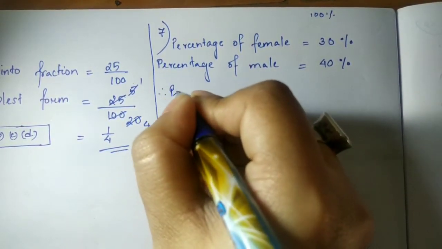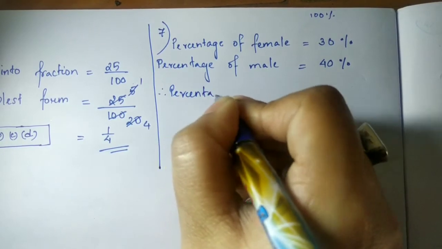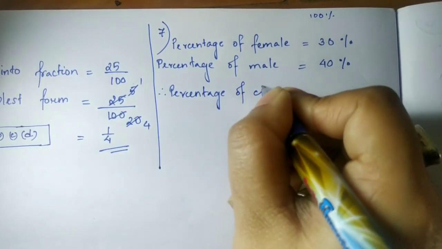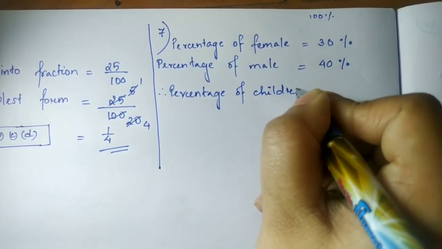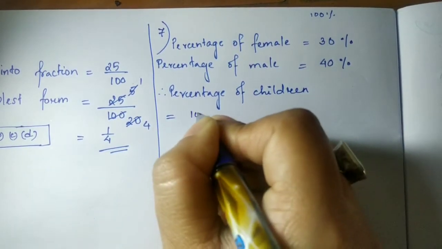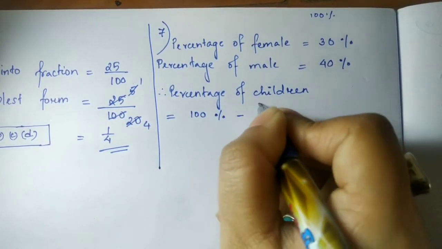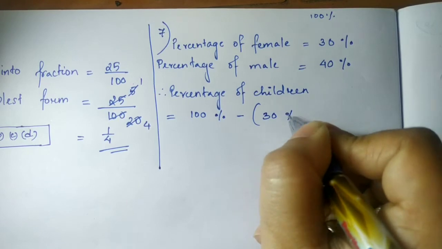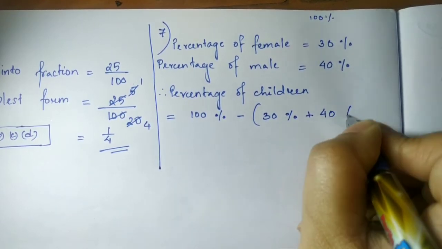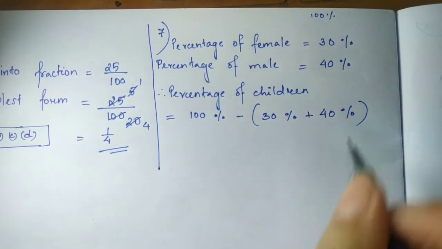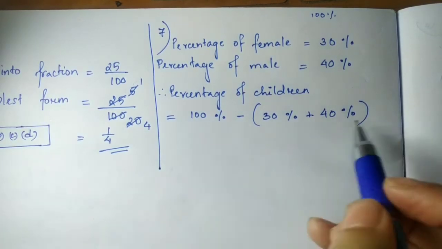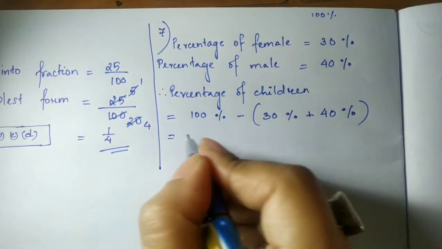Therefore, percentage of children will be equal to 100% minus (30% plus 40%). So these are the total male and female together, and this is the net total.